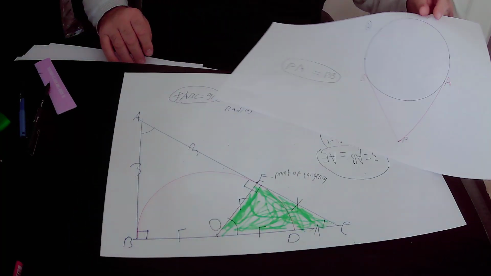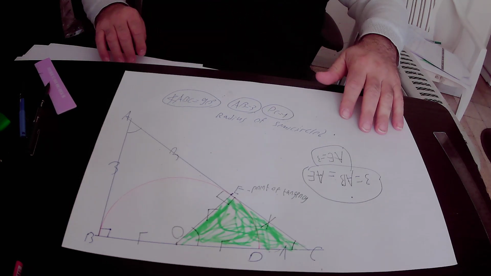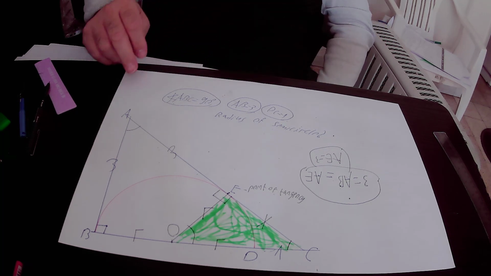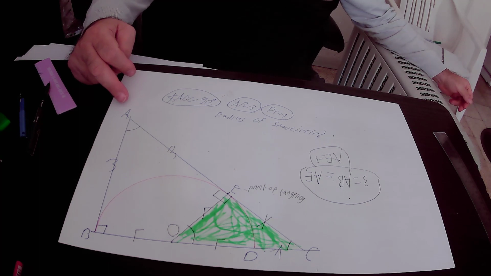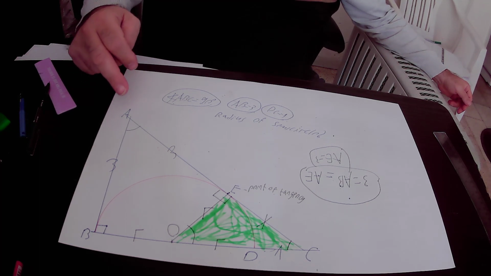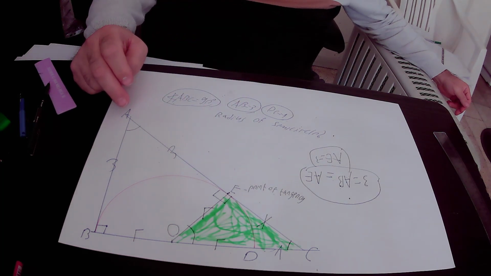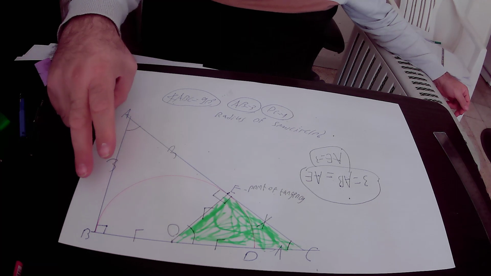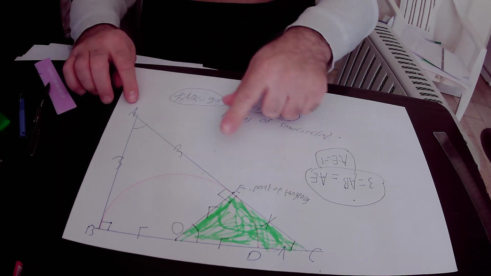Actually, we can implement rule number 1, or the 2 tangents theorem, in our drawing, because we have external point A. Point A is an external point in relation to this red semicircle, and from point A we have 2 tangents to this red semicircle. The first tangent is tangent AB and the second tangent is tangent AE.